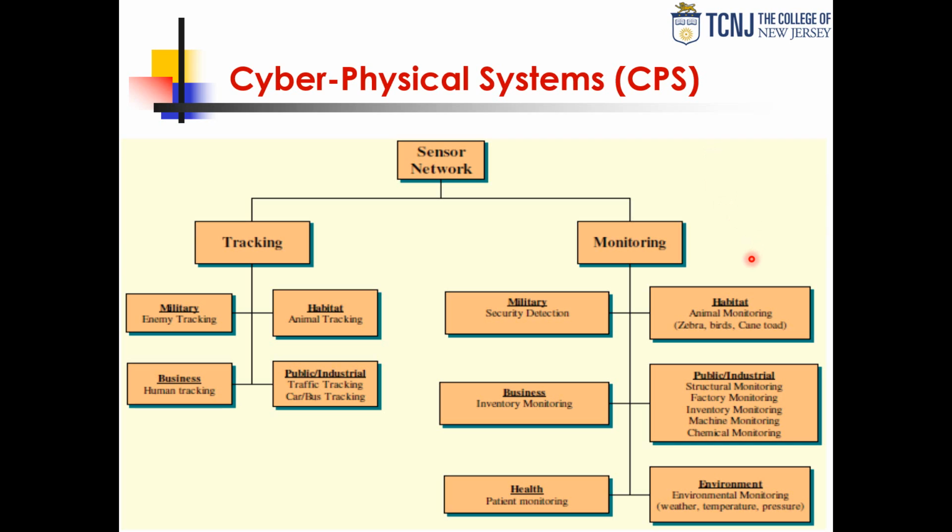On the habitat side, you can monitor, not just track animals, but actually monitor specific things about certain animals or species. You can monitor the speed of a bird or things of that nature. That gives you an idea.